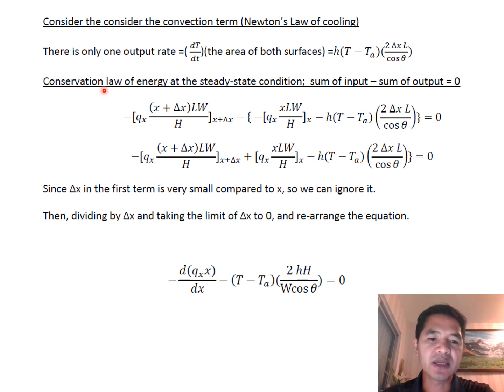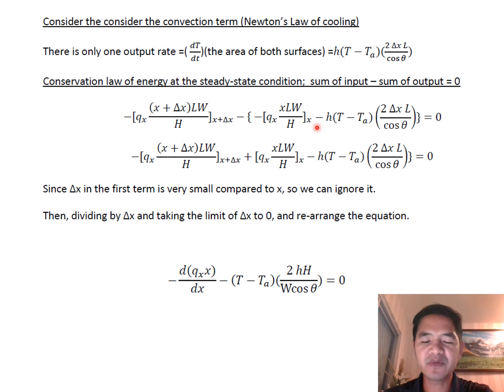Then we have to combine Newton's law of cooling and the heat conduction term together. The input is this term for the conduction term, and the output is this term. For the output we have to add the minus sign, from the heat conduction and also for the cooling term.